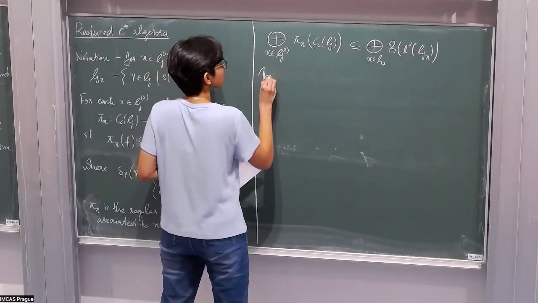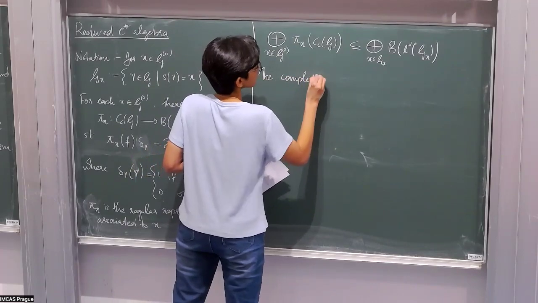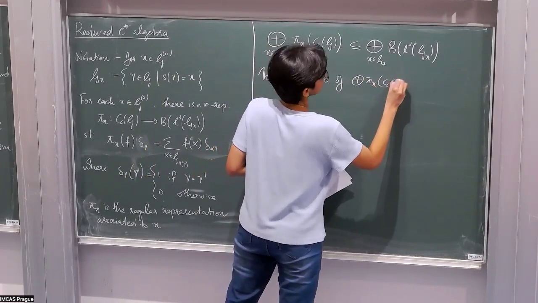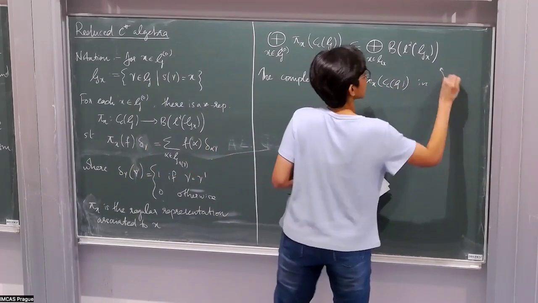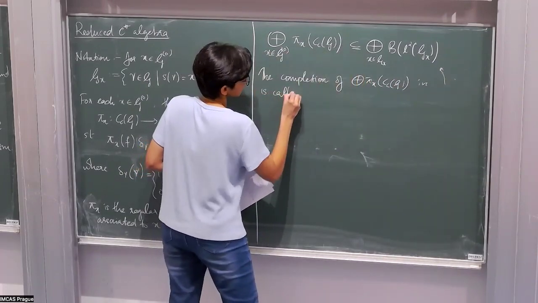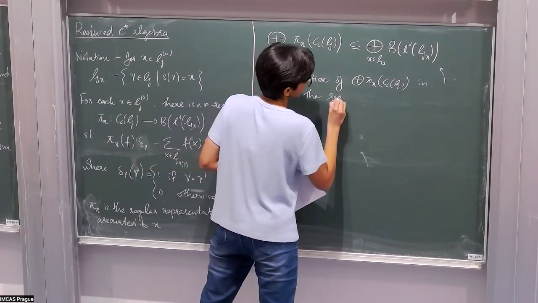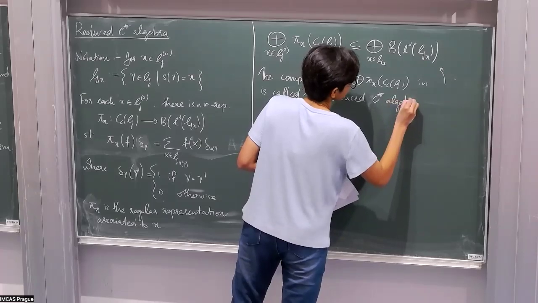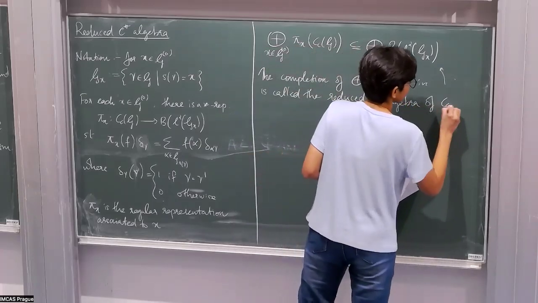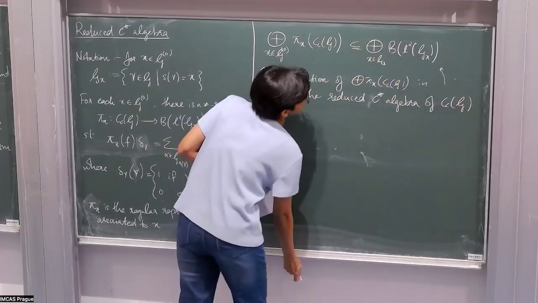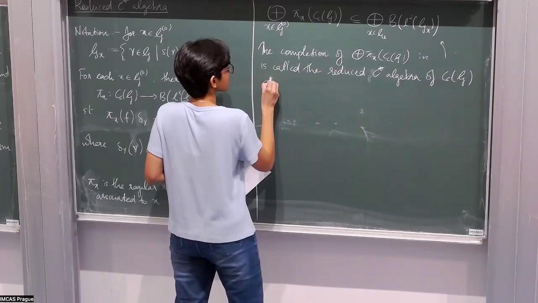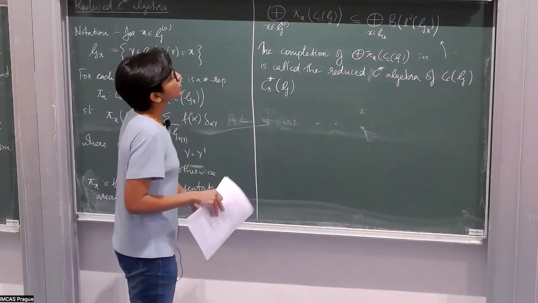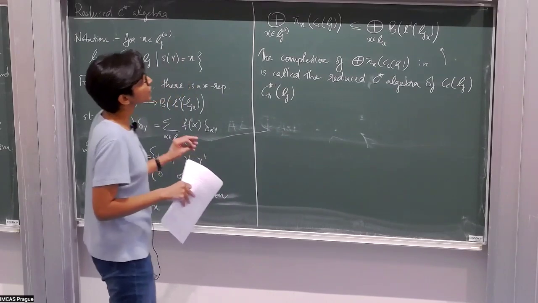The completion of this direct sum in this space is called the reduced C-star algebra, and it is denoted by this. So now we have the two C-star algebras, full and reduced.